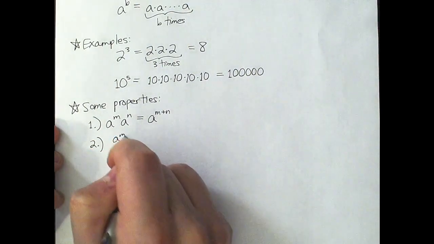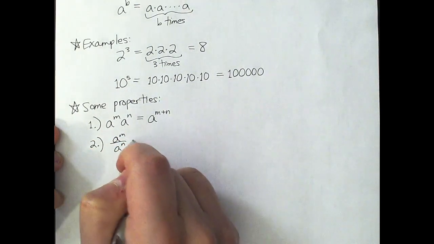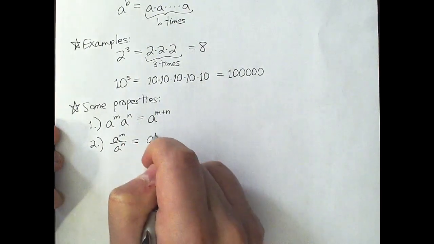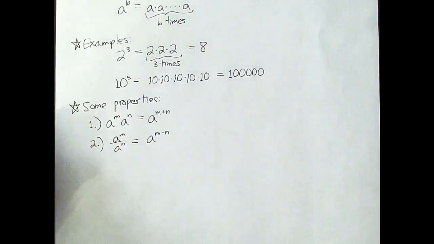If you had something like a to the m over a to the n, where there's division involved, that's going to be a to the m minus n. You take the exponent on top and you subtract the exponent on the bottom.